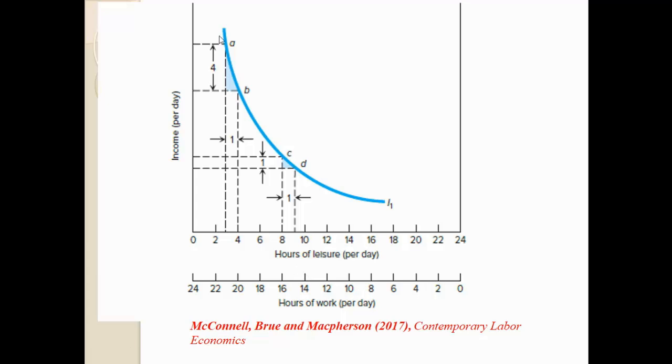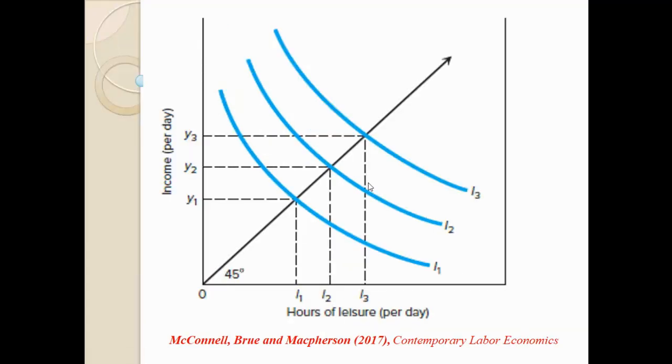So this indifference curve, as we discussed in the previous lecture, is a combination of income and hours of work. In this figure, you see the indifference map for the labor supply. I1 is an indifference curve which shows the combination of income and leisure.